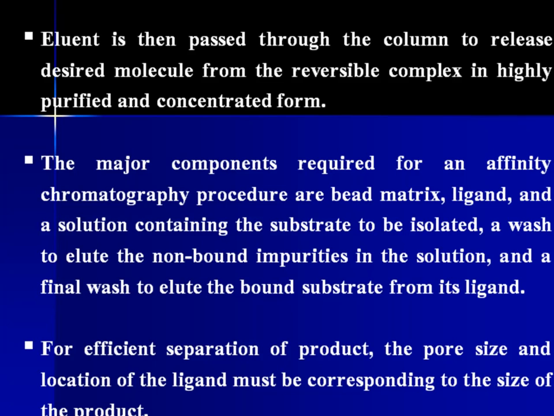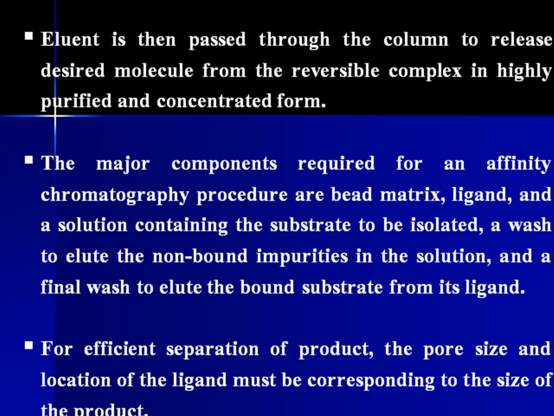The major components required for an affinity chromatography procedure are bead matrix, ligand, and a solution containing the substrate to be isolated. A wash to elute the non-bound impurities in the solution and a final wash to elute the bound substrate from its ligand.